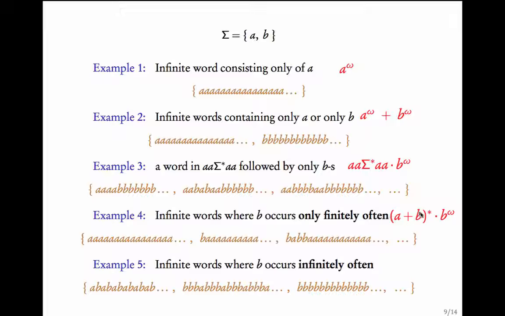You see A plus B star, this is sigma star, you see some word followed by only A's. This is a more interesting thing. It says that B should occur infinitely often. There is no condition on A. A might occur infinitely often or not. So here we go.